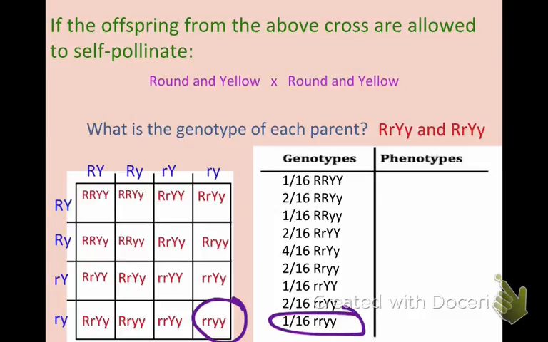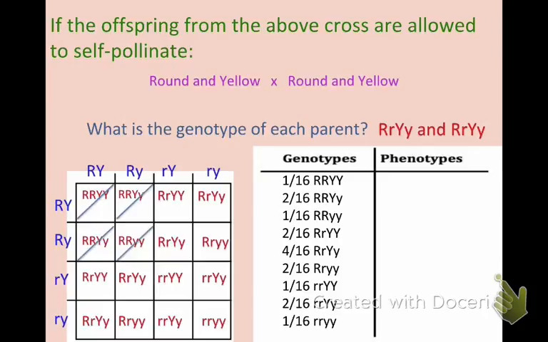So then we can look at the phenotypes for this. The phenotypes, what is R, big Y, big Y? Oh, here's the pattern so you can list the genotypes, all right?